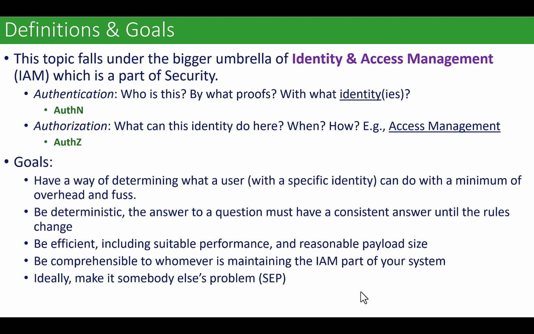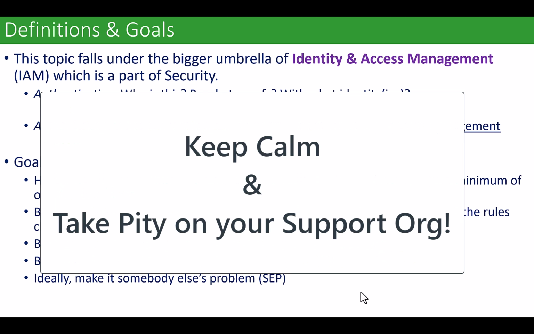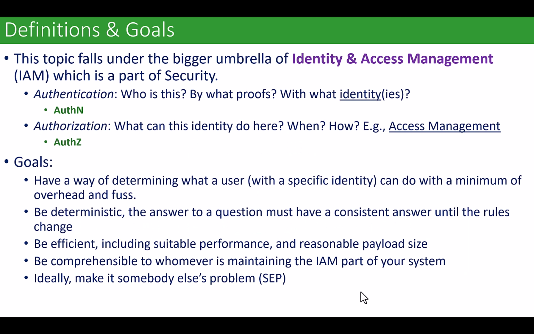They have to be efficient, so they have to have a suitable performance envelope and a reasonable payload size. Those two are related, but not coupled to each other. They need to be comprehensible to whoever's doing the maintenance, right? So if you're going to turn over an application system to the end users and say, look, manage your own users and permissions, the harder you make it, the more training they're going to need, and potentially the more brick-thick manuals, and the more likely they are to make mistakes with unintended consequences.